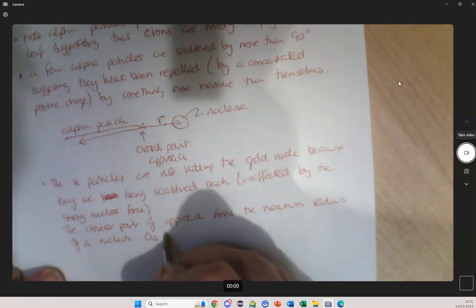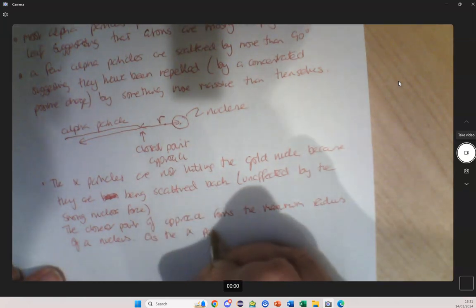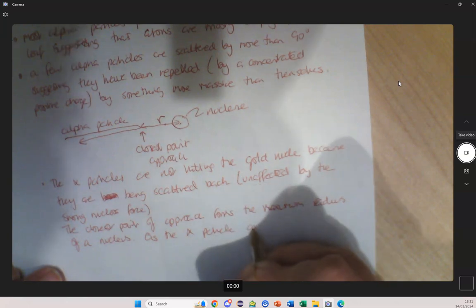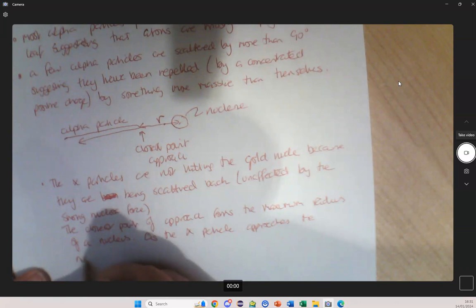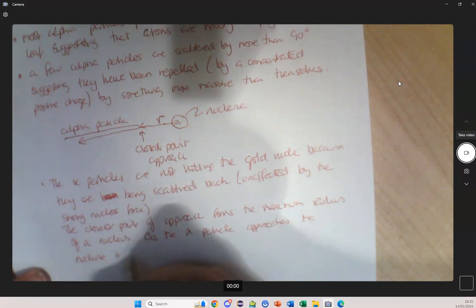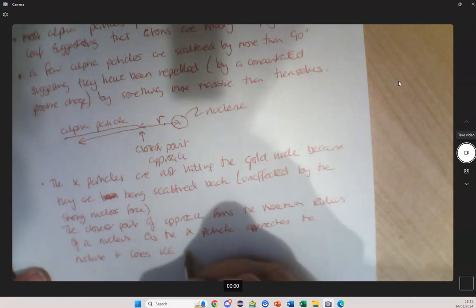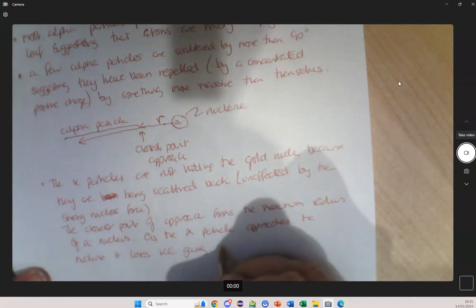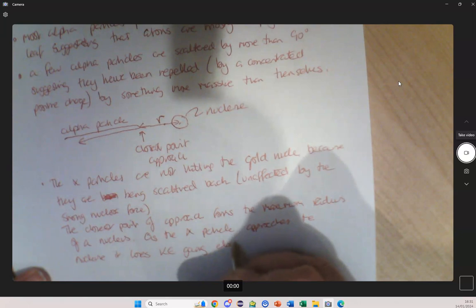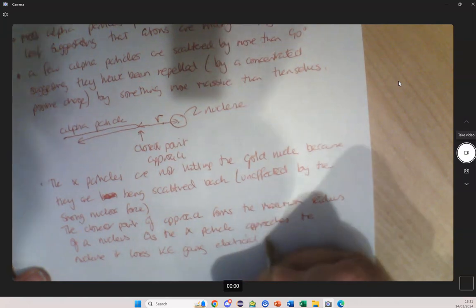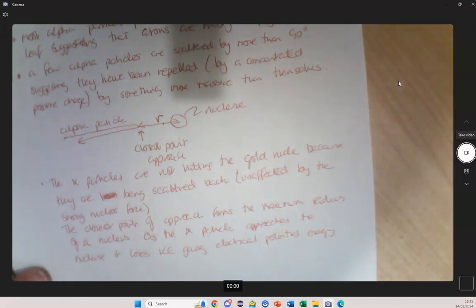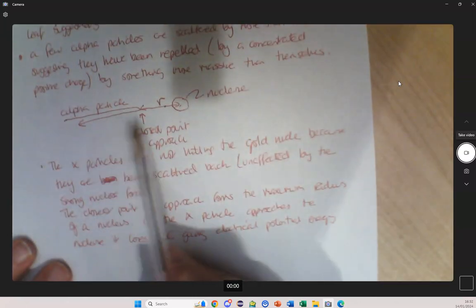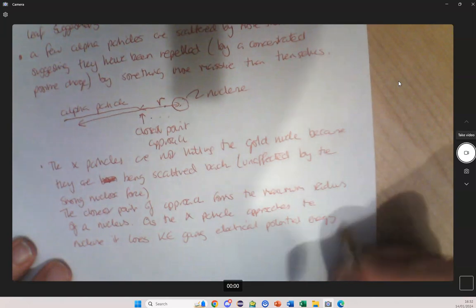As the alpha particle approaches the nucleus, it loses kinetic energy, gaining electrical potential energy. So it's losing KE, slowing down.